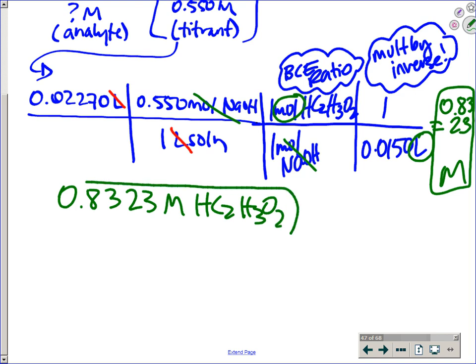You guys get 0.8 for each 3 molar. Awesome. Okay, so you're moving on to 3, if you're able to. We'll leave this here for a moment.